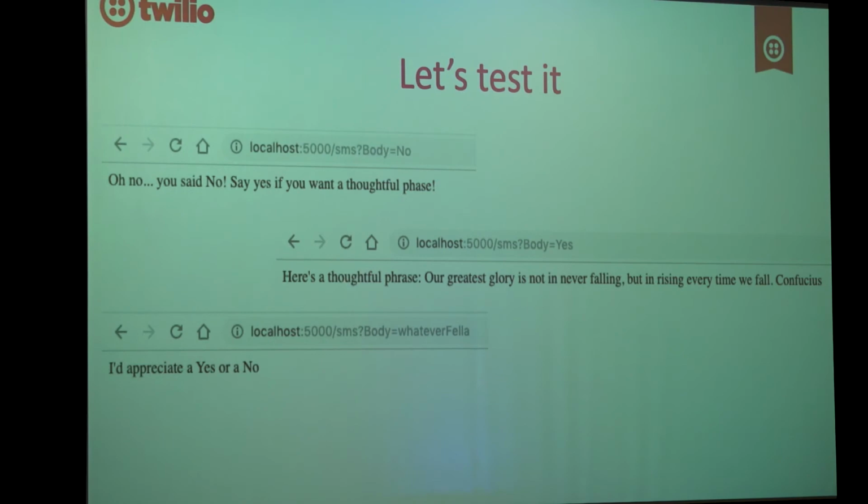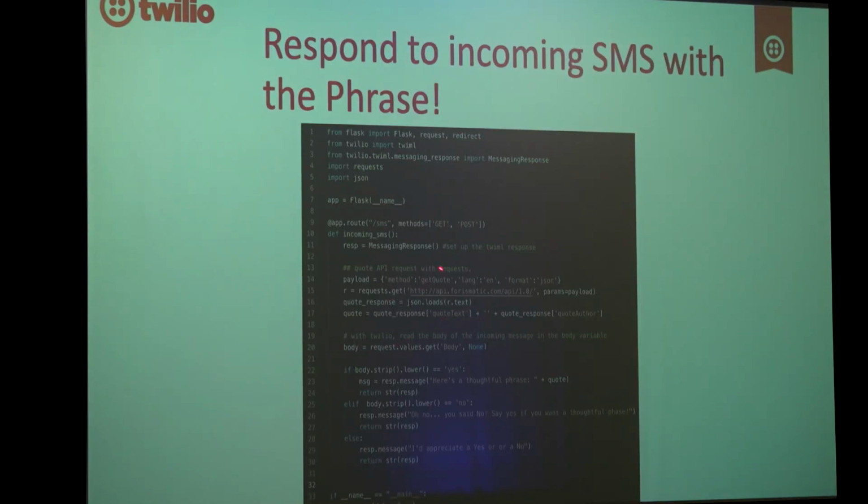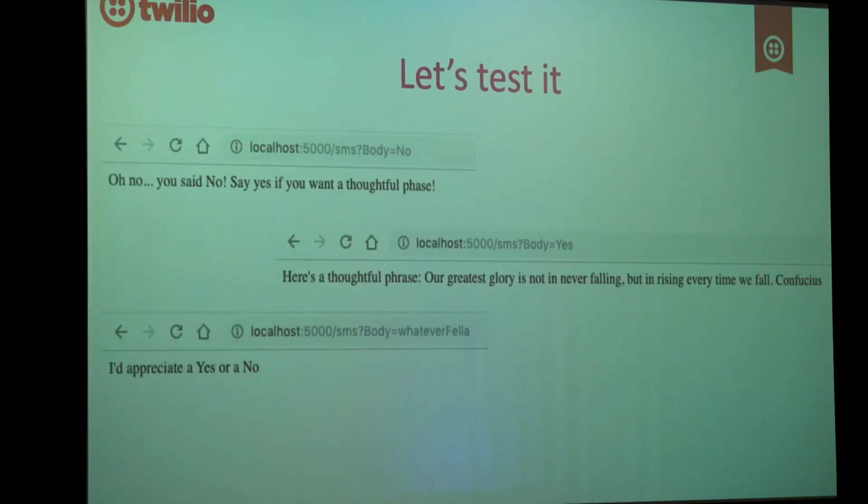So I'm just showing you that this code will make a request to the endpoint SMS, and depending on whether there's an incoming parameter body with the value yes or no or anything else, you can respond to it. So here's just the 3 examples.